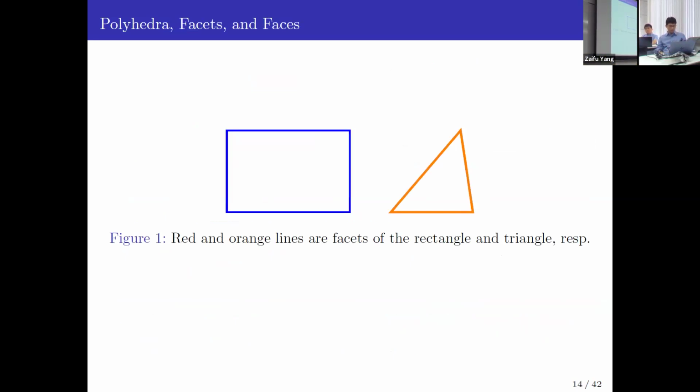The blue lines are all facets of this rectangle, and in yellow you have this triangle; these three yellow lines are the facets of the triangle, and the four blue lines are the facets of the rectangle. So, one-dimensional. Okay, this is just a mathematical definition.